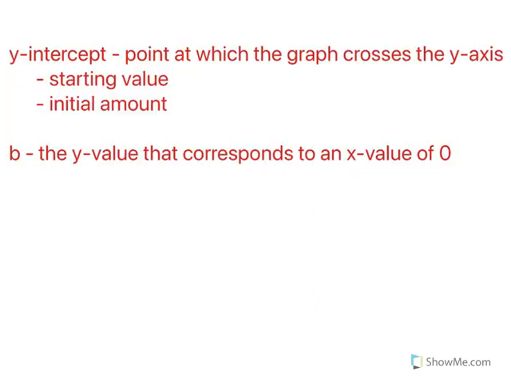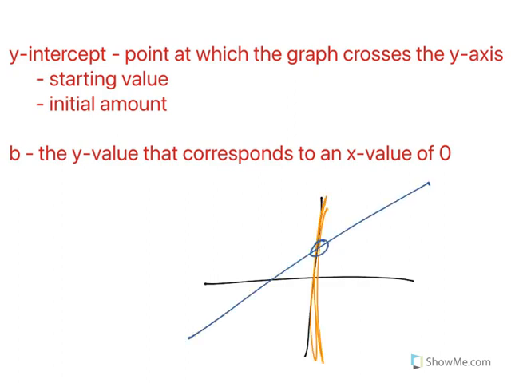Now, the y-intercept is the point where the graph crosses the y-axis. If I have a coordinate plane, the y-axis is our vertical piece, and the place where the graph crosses the y-axis is our y-intercept. We often call this our starting point, our starting value, or our initial amount.